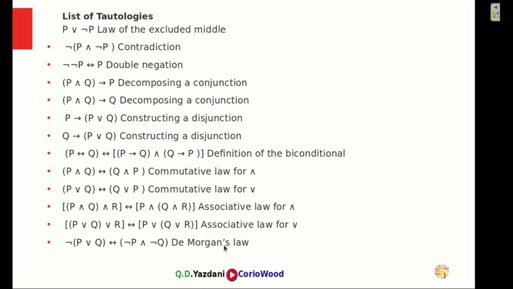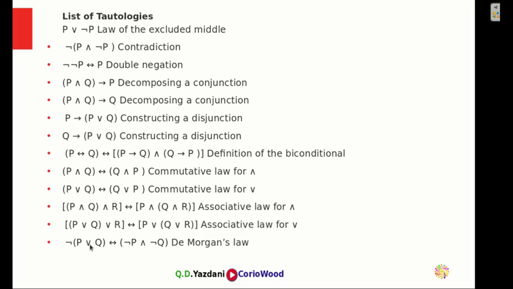Here we have not (P or Q) if and only if not P and not Q, which is De Morgan's law. We saw De Morgan's law when we used the train and the car. I will not go with the train or car, and I will not go with the train and I will not go with the car. Both of them are equivalent to each other.